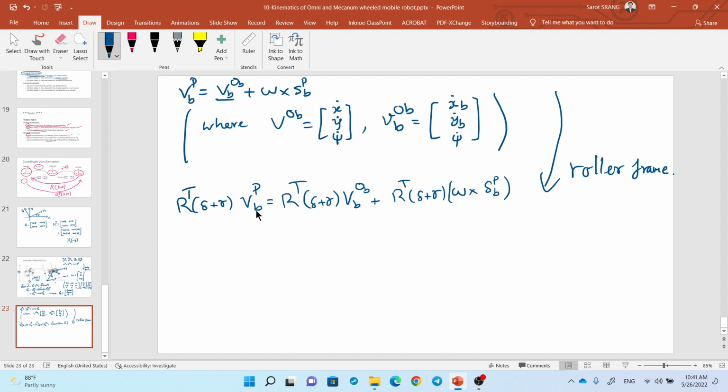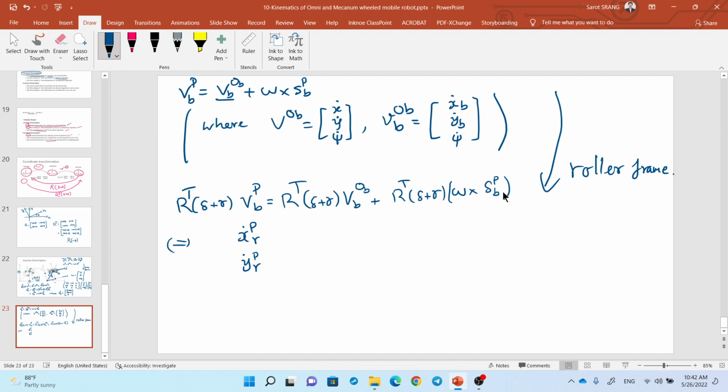Okay, then this one becomes X roller on the roller frame now. So XP on the roller frame dot, and this one is YP on the roller frame, dot, and velocity, because this one has 3 components.